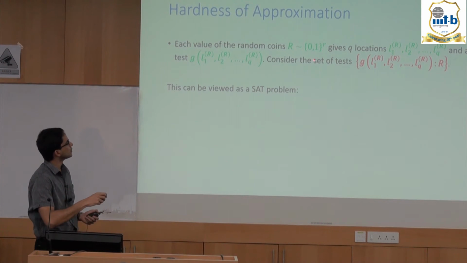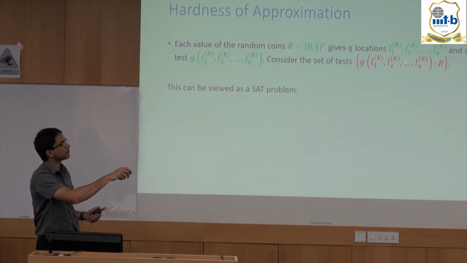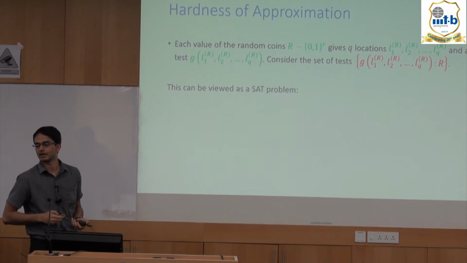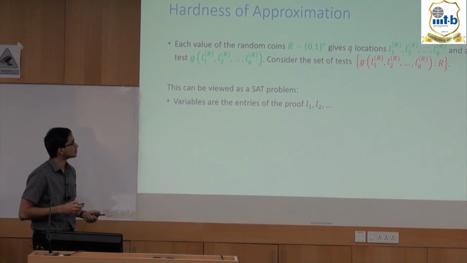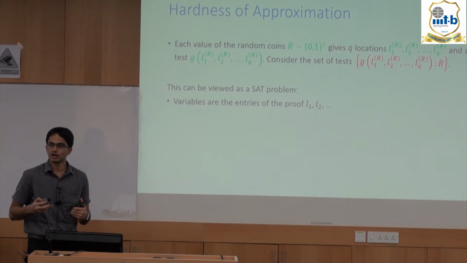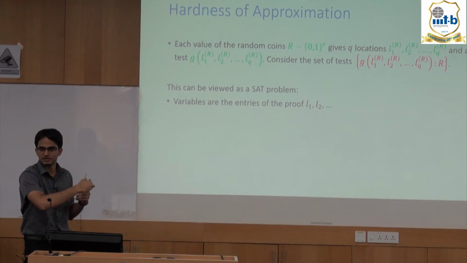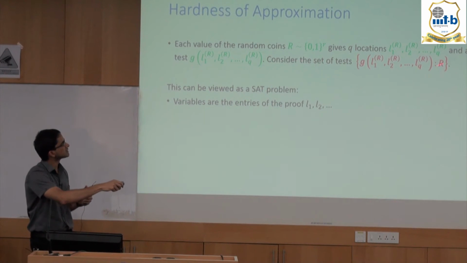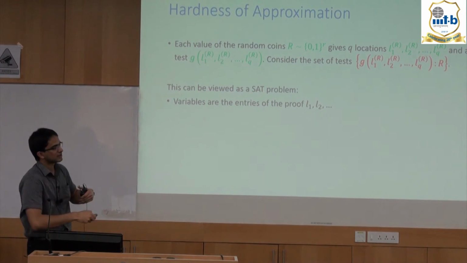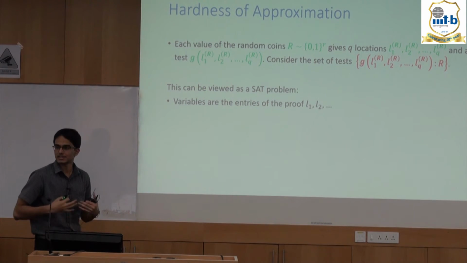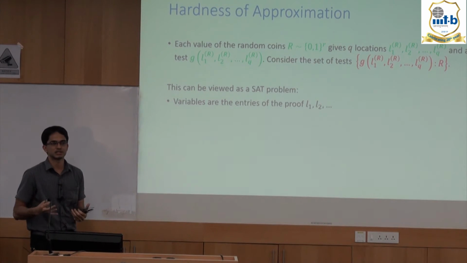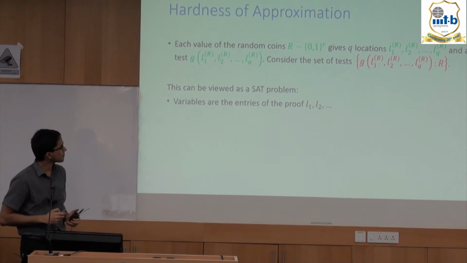But what the prover knows is the multi-set of questions that the verifier could ask. So the prover wants to write down a proof, where the variables are the variables of the proof, and you want to maximize the probability that the test the verifier asks passes.